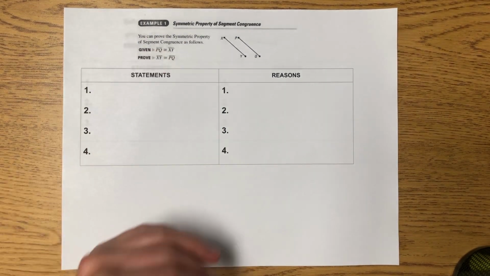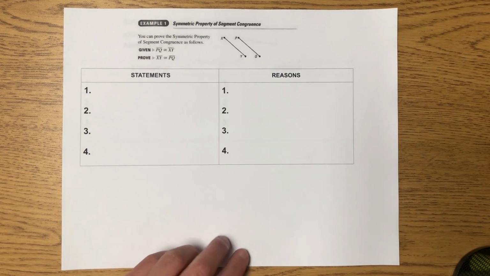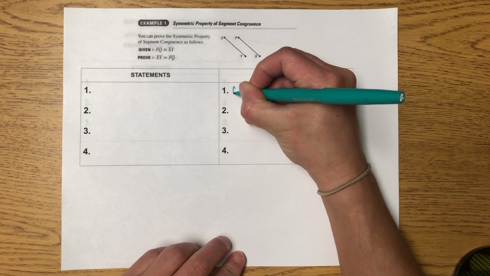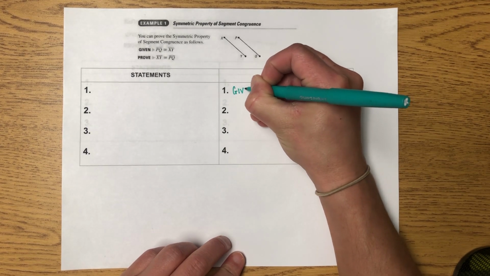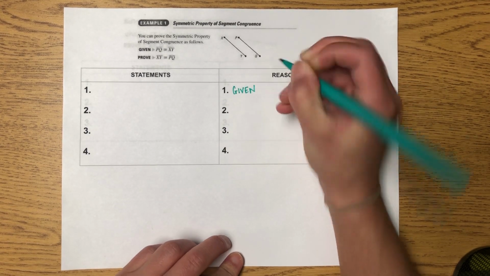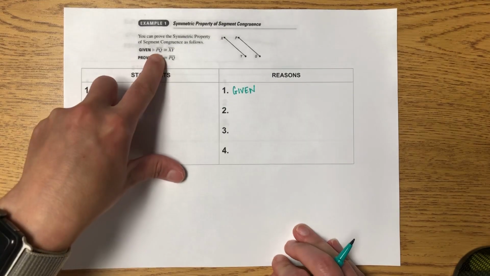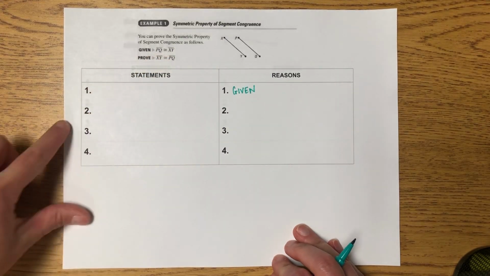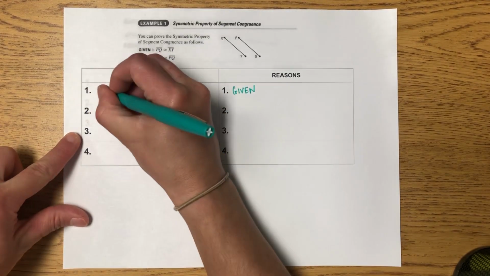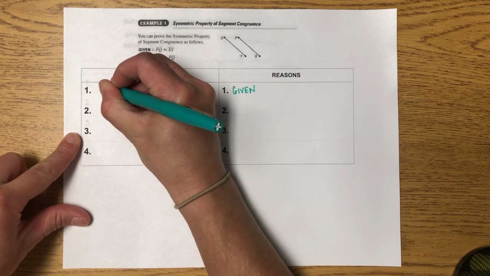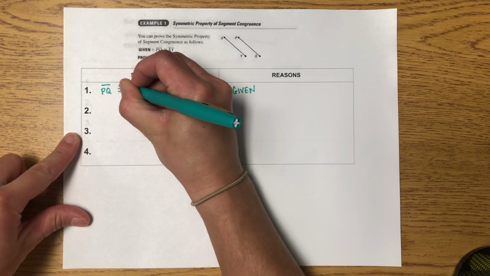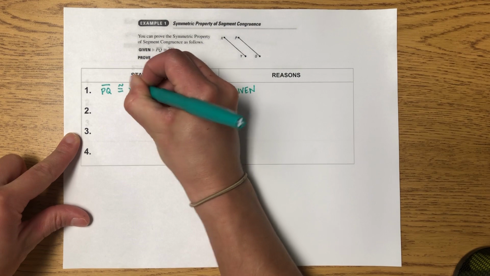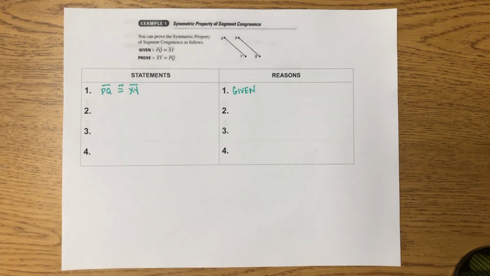So anytime we're writing a proof, we need to write our first reason is what is given. So I'm going to write given as my first reason. And they tell us that line segment PQ is congruent with line segment XY. So I'm going to write that under statements. Just like that.